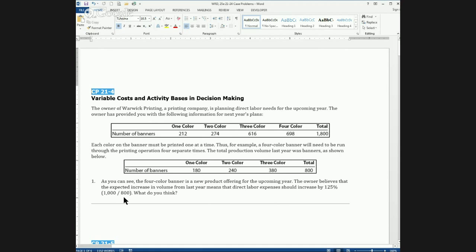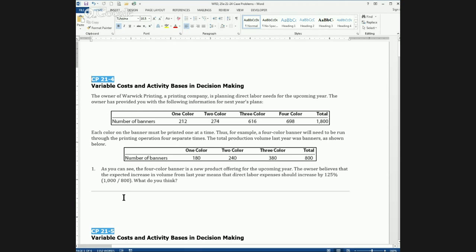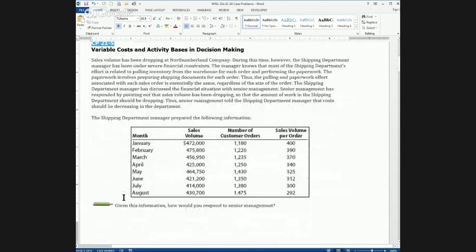Let's take a look at 21.5. Case 21.5 is, again, trying to associate activities with increases in variable costs. We're shifting from banner making to a company called Northumberland, like a North Face or an LL Bean type of company. This particular company is a shipping company, and they have a warehouse and ship out all of their goods to their customers.